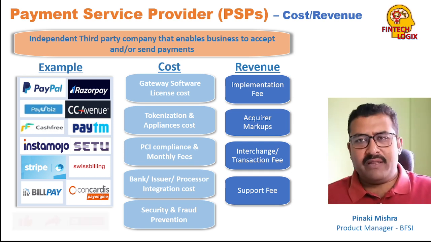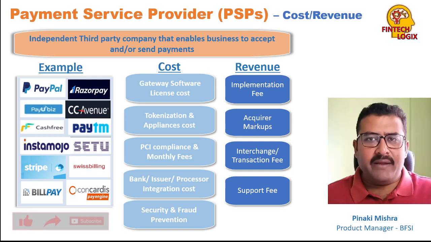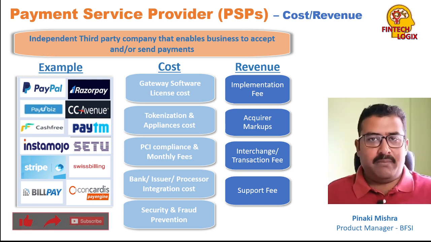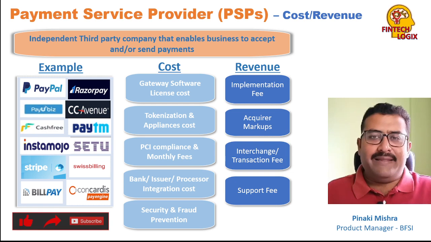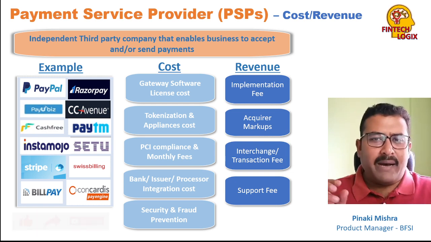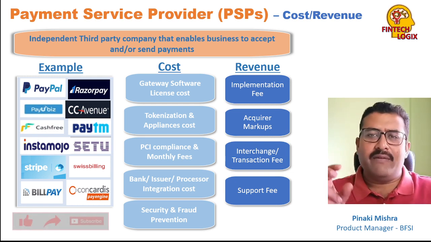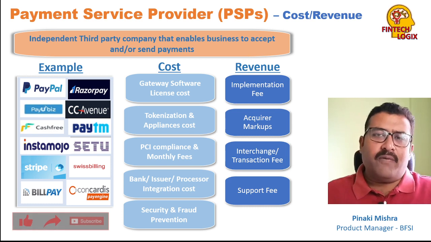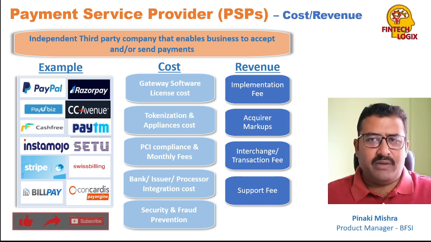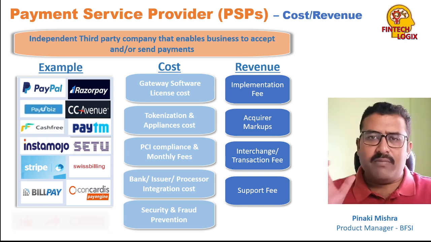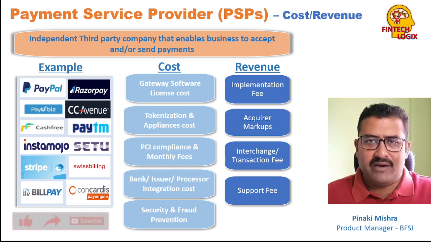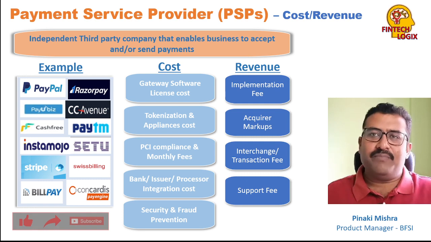Whenever they implement for any of their customers, be it merchants or anybody else, at that point they normally pass on a portion of their fixed cost to the merchant. It would definitely not be the entire amount, but a portion of the fixed cost they incurred in the integration of the other banks.